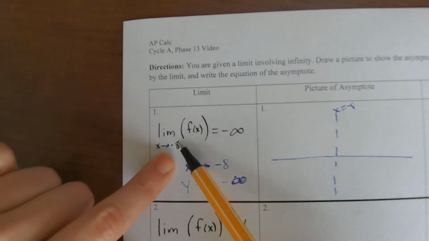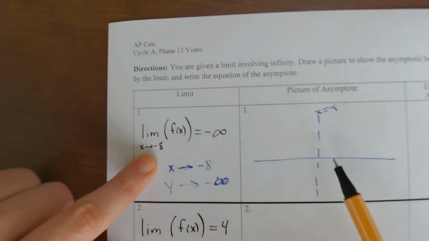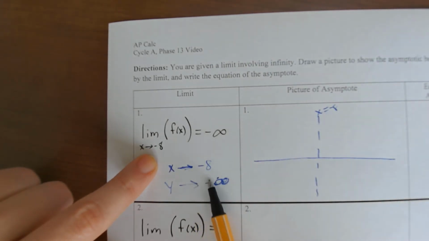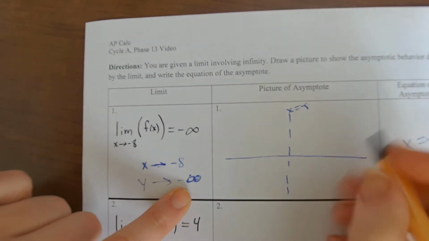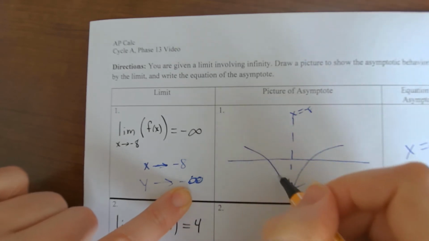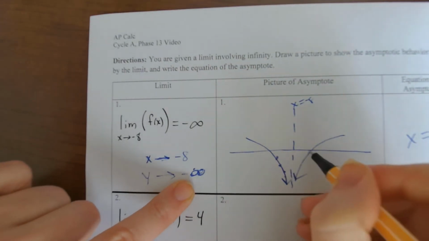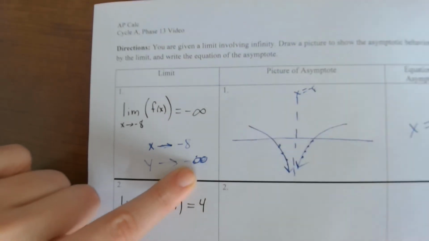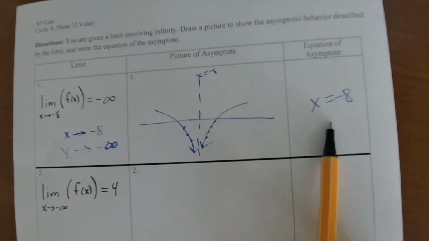Since this does not have a plus or minus, it means that as x approaches negative 8 from the right and left, the y's are approaching negative infinity. So it's going to be like this. From both sides, as my x values approach negative 8, my y values approach negative infinity. And this is the equation of the vertical asymptote.